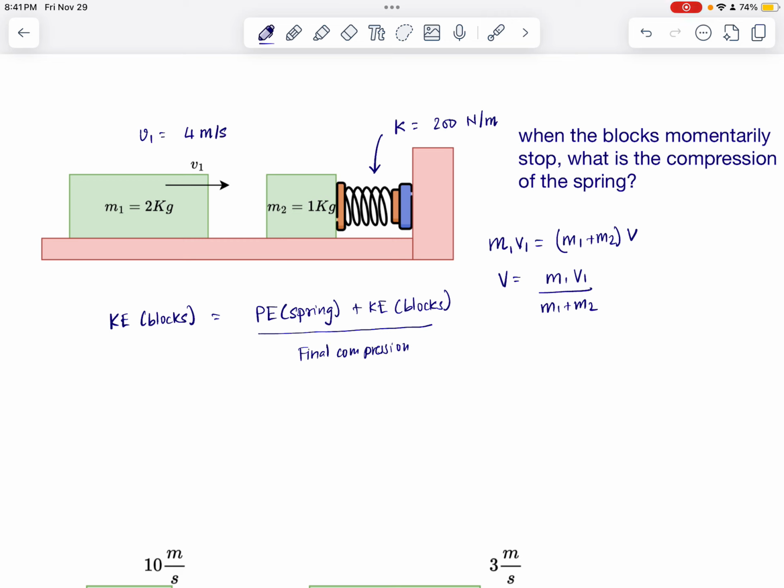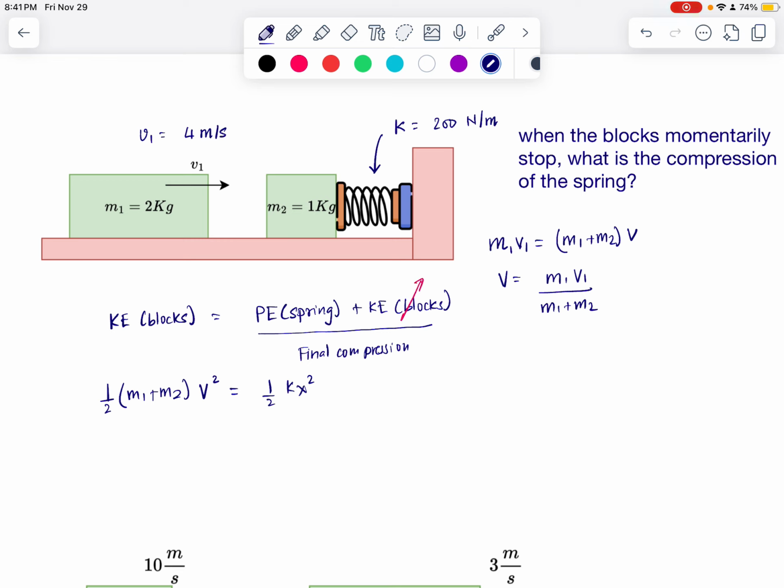Since we know that these blocks are at rest, the kinetic energy of blocks at the end is actually zero. So let's proceed. The kinetic energy of the blocks is half m1 plus m2 times v square, and that equals half k x squared.